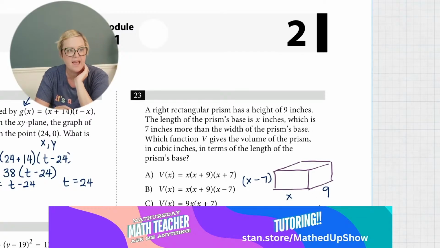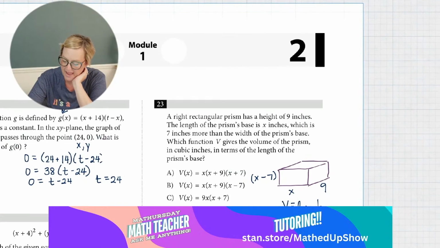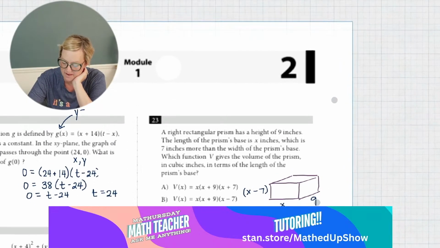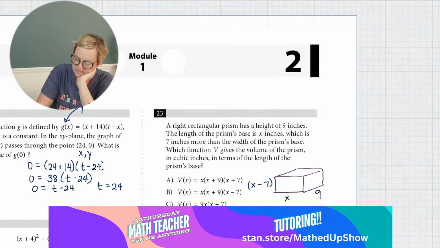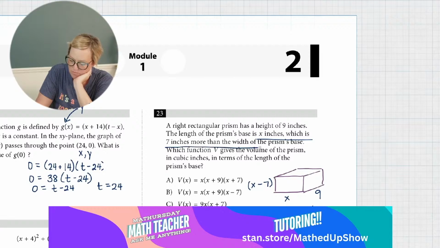Now I can't call the width X plus 7, because X inches is 7 inches more than the width.